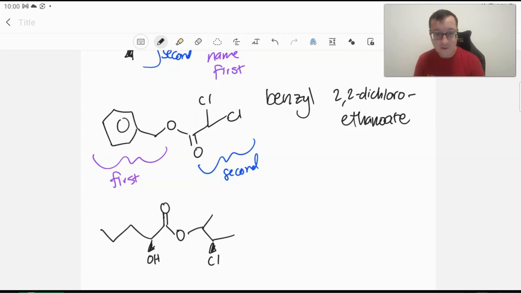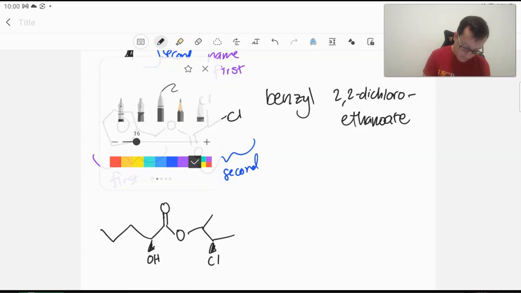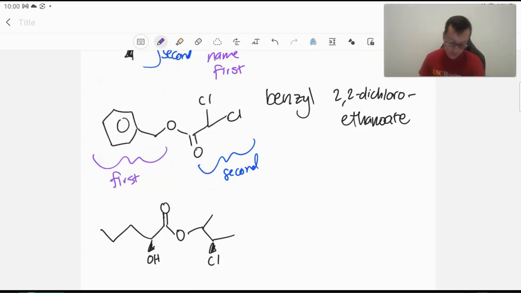If we're going to name the oxygen side, we're going to want a number closest to our oxygen, because that's what we're looking at here. So 1, 2, 3. So we don't go with the biggest chain, we go with carbon 1 being the one on the oxygen. And so we're always going to start there.